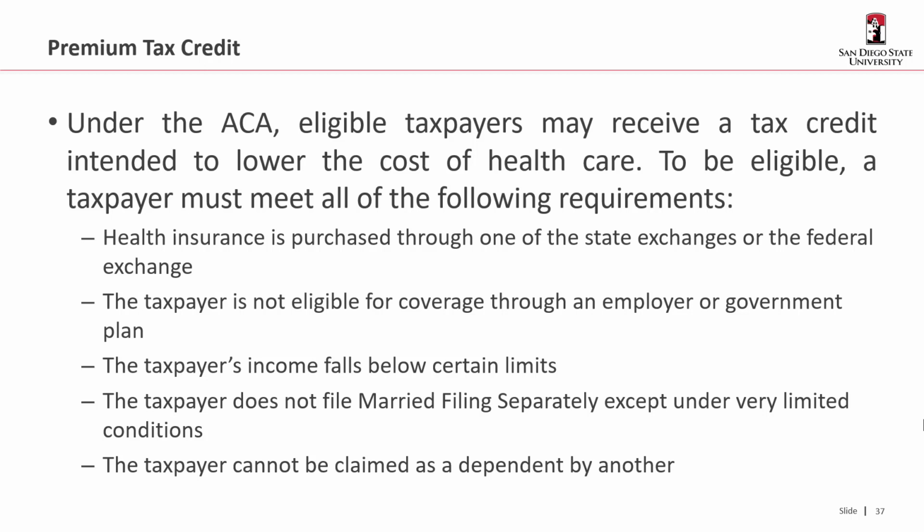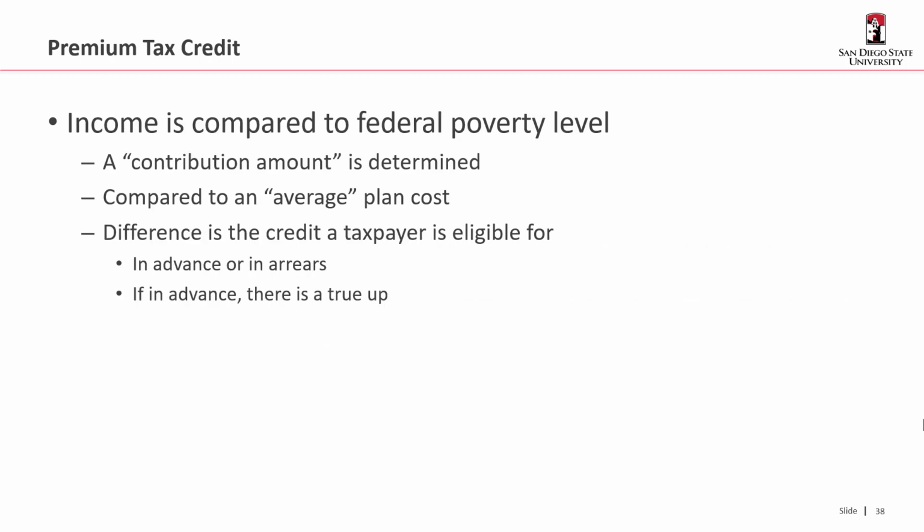The taxpayer's income must fall below certain limits. We'll talk about what those are. The taxpayer is not permitted to file married filing separately except under very limited conditions. And the taxpayer cannot be claimed as a dependent by a different taxpayer. Okay, so how low is low enough? Well, you compare the income to the federal poverty level. A contribution amount is calculated based on how close to the federal poverty level your income is.